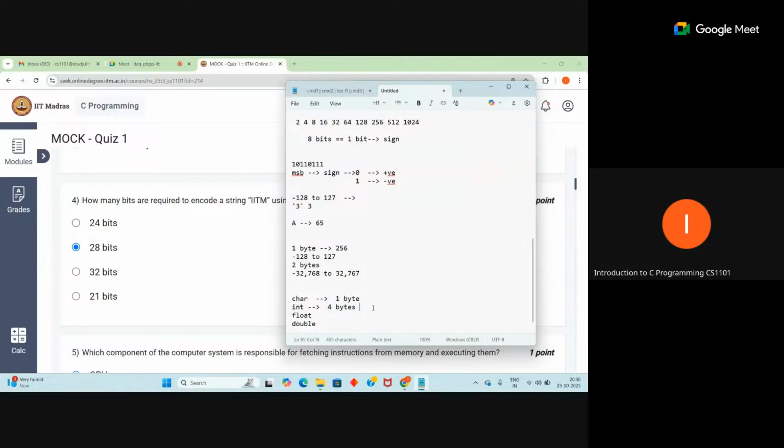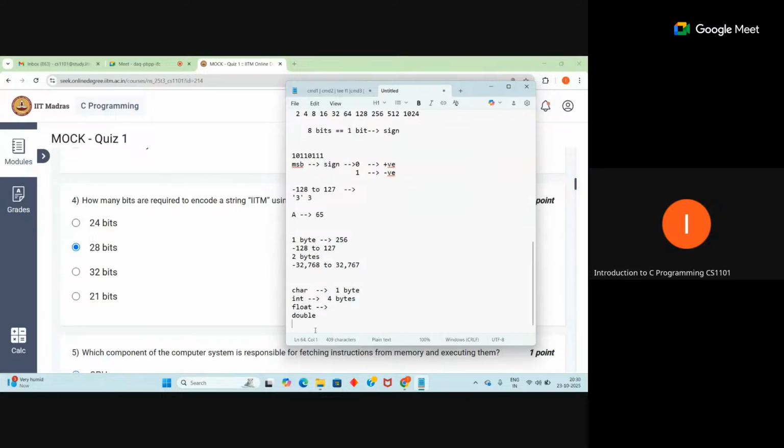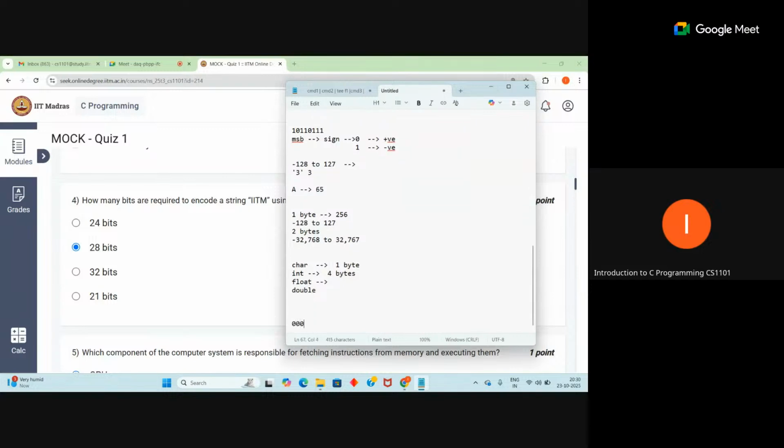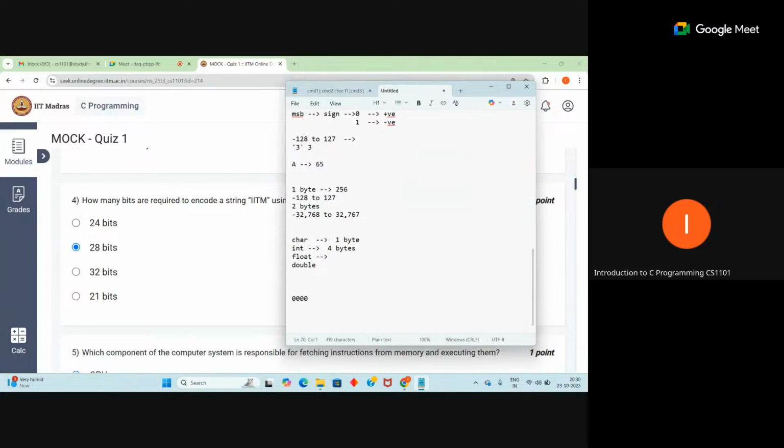But always, when you are storing a value in memory, each memory location has some address, and at each address you can store only 1 byte of data. Suppose my memory locations run from 0000 to FFFF.